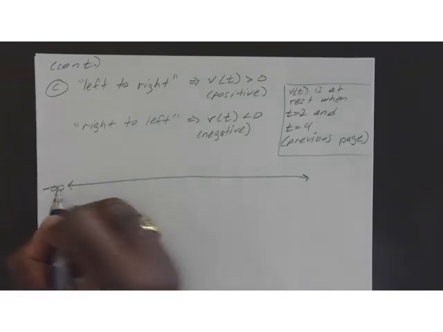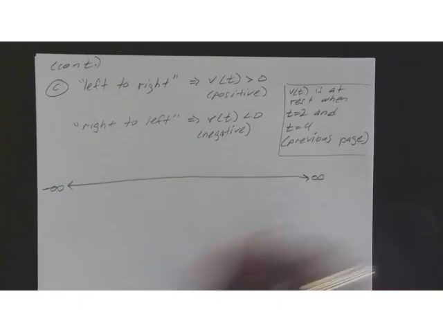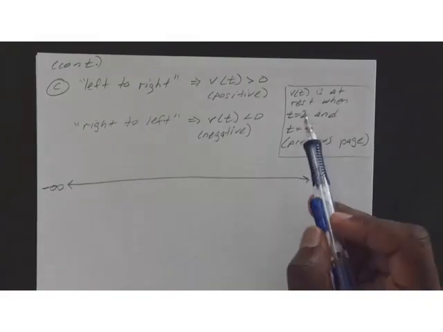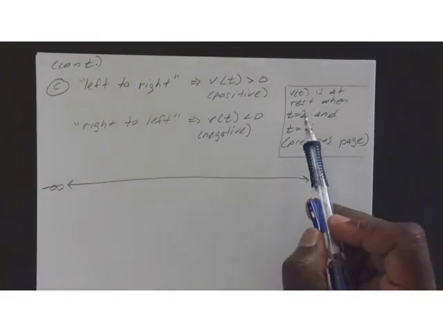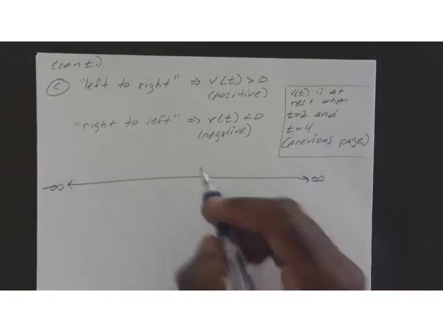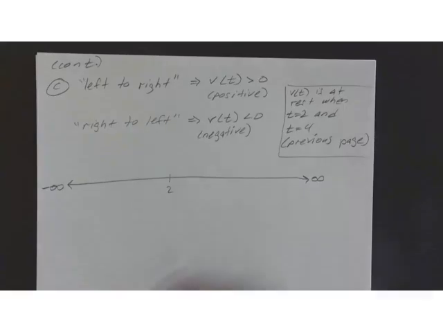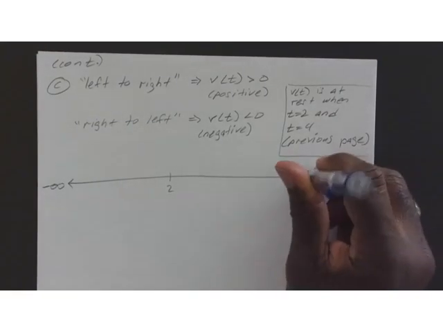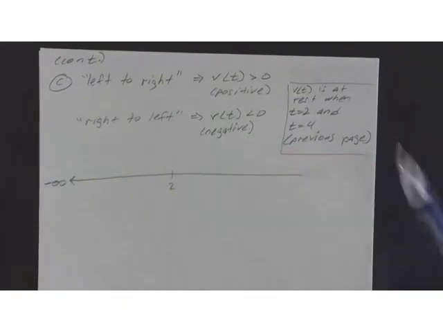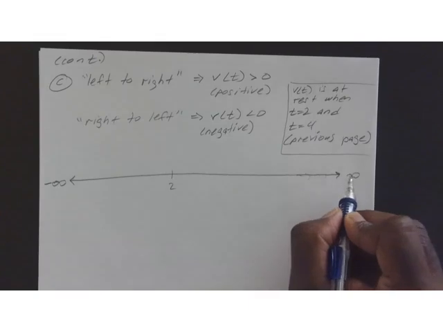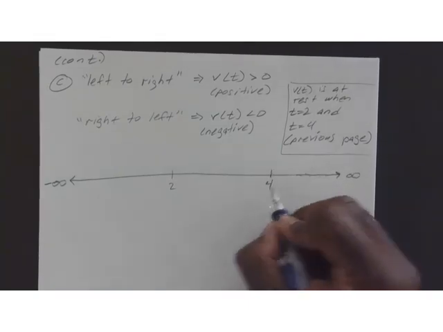It goes from negative infinity to infinity. And we know the values where your velocity is 0. That's at 2 and 4. So let's say t equals 2, and t equals 4.